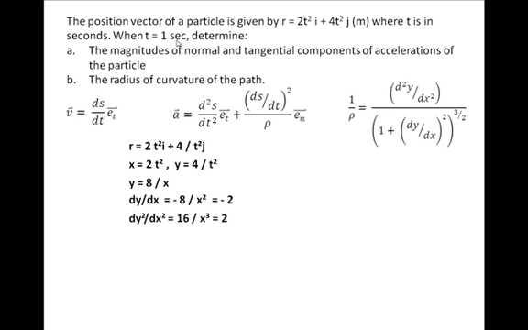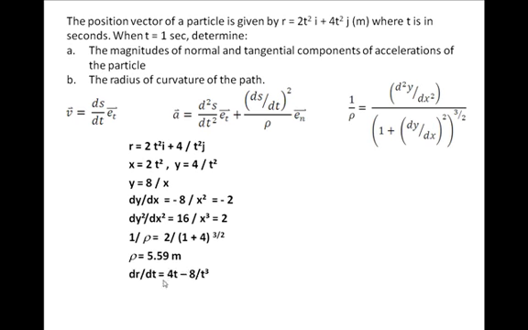You must realize that if t equal to 1, x is 2. So here, whenever x comes, you have to put the value of 2, and then you can get your rho as a clear number, 5.59 meter. That is the value of rho at t equal to 1 or x equal to 2.